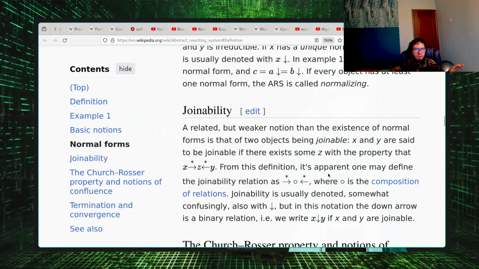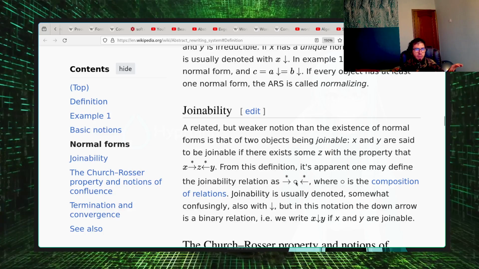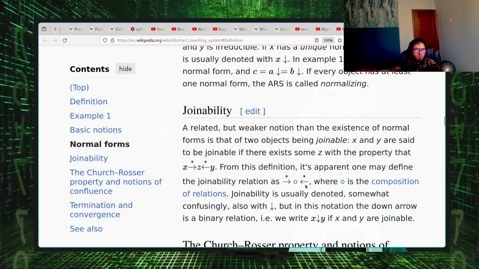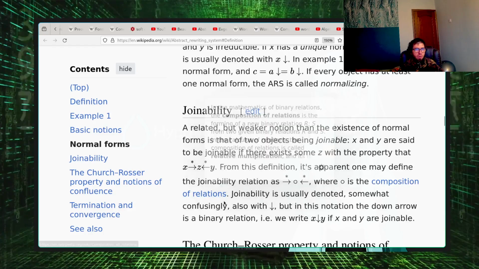From this definition, it's apparent one may define the joinability relation as such an operation on these two arrows, where this circle is the composition of relations.